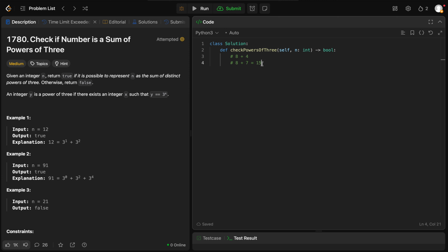7 is, oh, I can actually, okay, I can't use the logic I thought I would use, but it seems that every number is a sum of, okay, I found one.